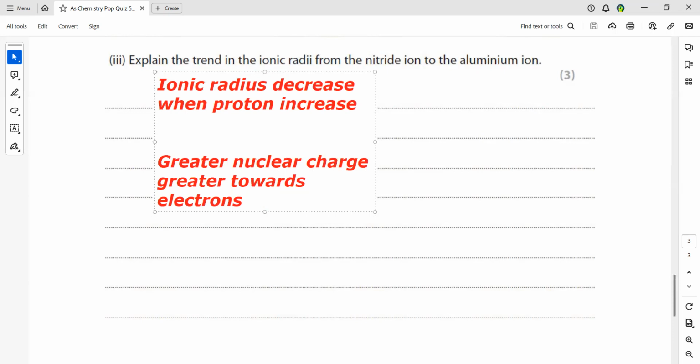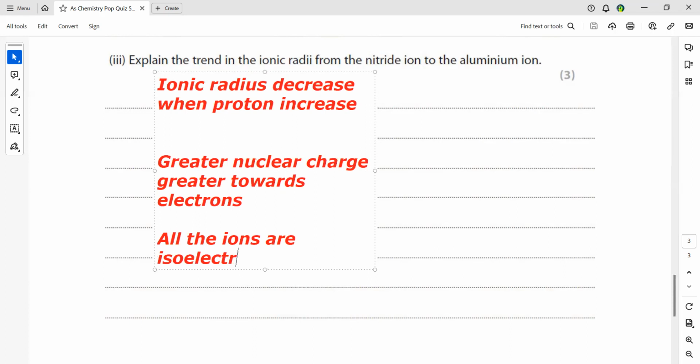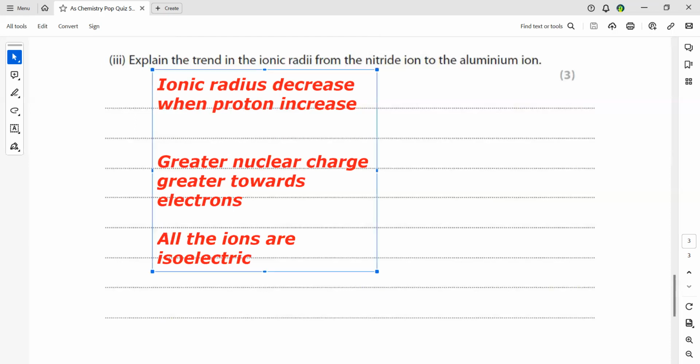And all these ions are isoelectronic. What does it mean? Iso means same and electronic means they have the same number of electrons. So we are comparing; instead of isoelectric, you can say isoelectronic.